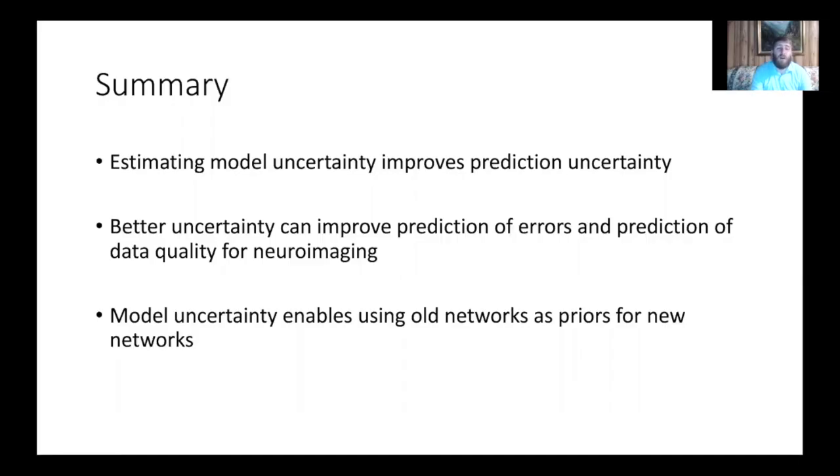We saw how this improved prediction uncertainty can lead to better prediction of errors in test examples and prediction of data quality, particularly in the case of QC of anatomical neuroimaging scans. We also looked at how using model uncertainty can enable using old neural networks as priors to help build more general deep neural network models.